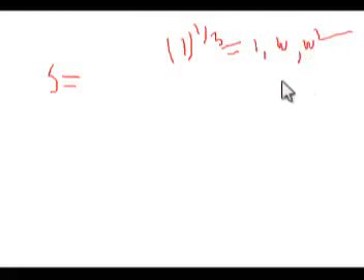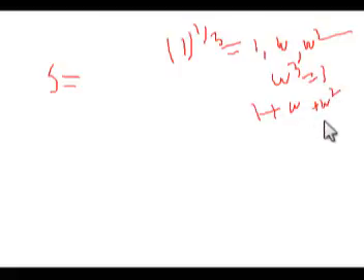Now we know the relations also: omega cube must be equal to 1, and 1 plus omega plus omega square is equal to 0. These two properties we are already familiar with from the roots of algebra, so you know about this.